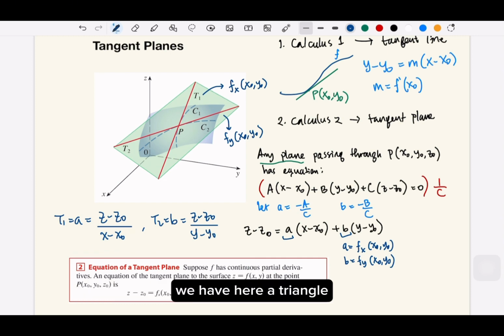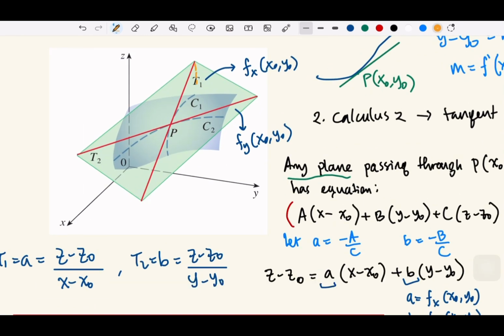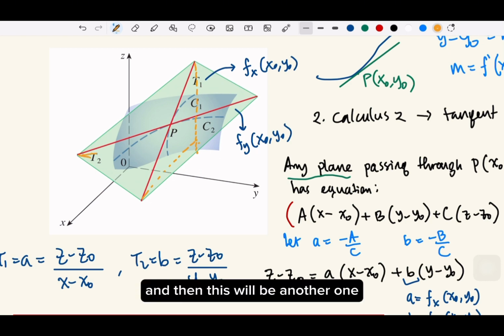Okay. And the same way with T2, we have here a triangle. So we define the z divided by this is y. Okay, can you see the triangle? So it means here. Let me take the yellow color. And then this will be another one.